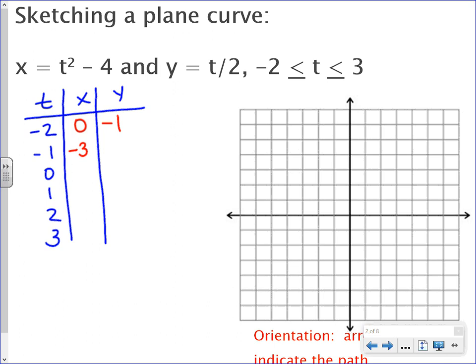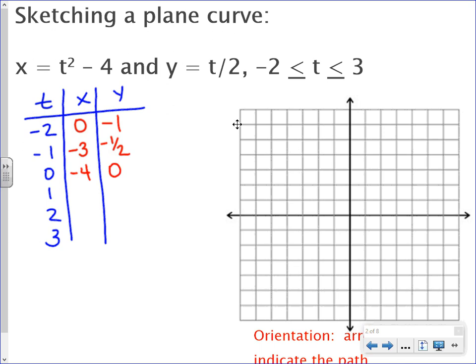And if we plug that into our y equation, t over 2 would be -1/2. When we plug in 0, 0 squared minus 4 would be -4. 0 over 2 would be 0.